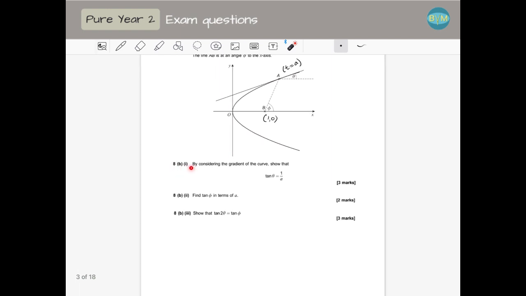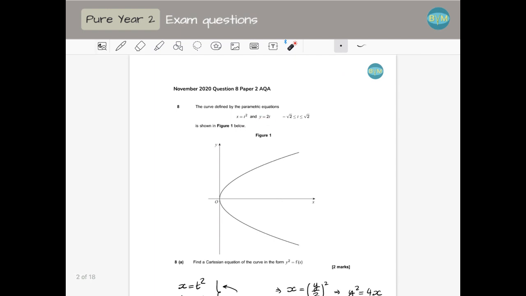Next part, so this is b(i), it says find tan phi in terms of a. So we have 2 points, and if we consider this triangle here, with the right angle, tan of this angle is going to be opposite divided by adjacent. Opposite is the y of the point A, which was 2a.